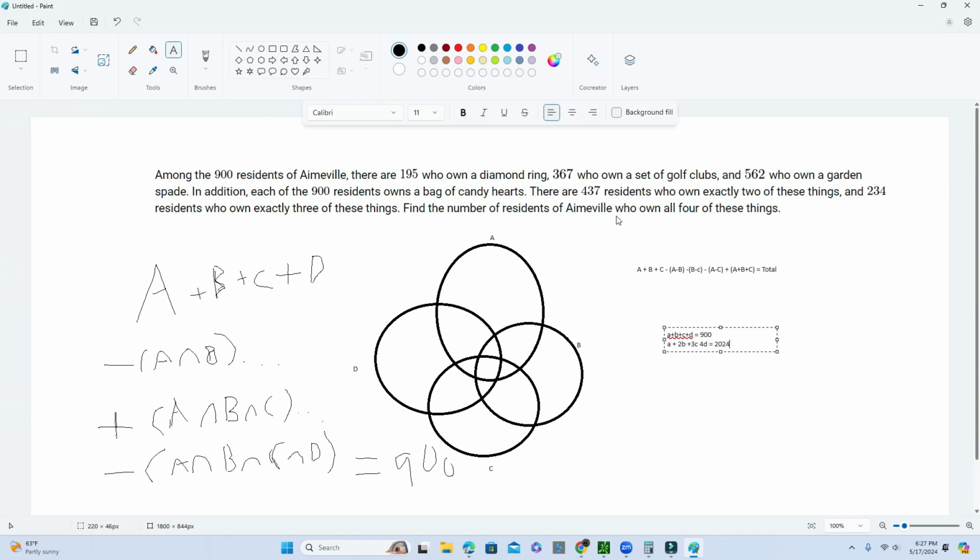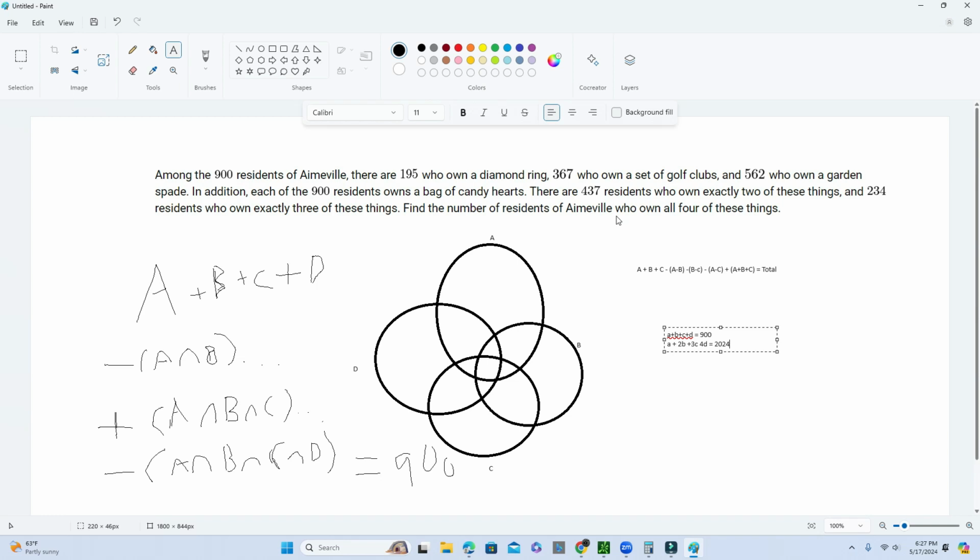Well, 2024 is the sum of all of the items that exist: all the diamond rings, all the golf clubs, all the garden spades, and all of the candy hearts. And A plus B plus C plus D is the number of people that own the items, and how many of them they own. So B would be 437 and C would be 234.